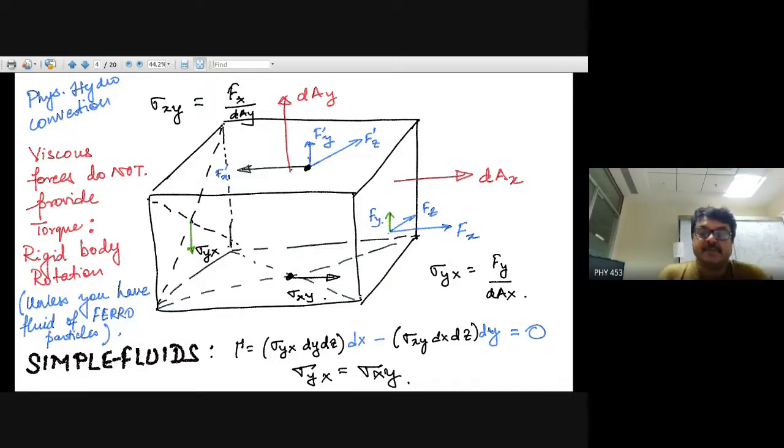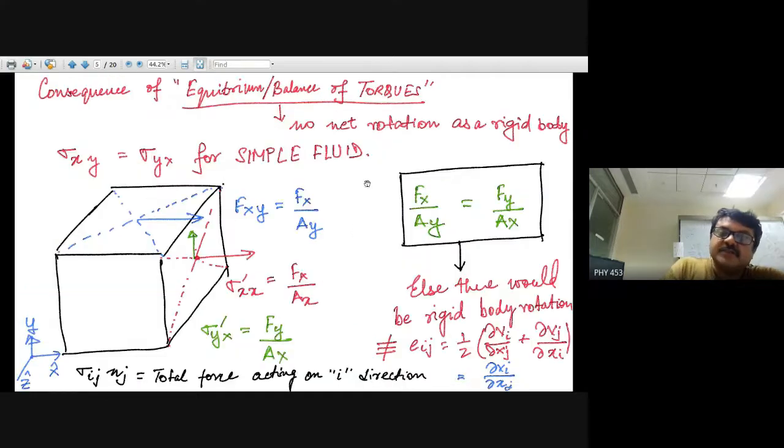Hence, there can be no torque in the system. This is often explained in the books using the terms equilibrium of torques, net angular momentum conservation, balance of torques, so that there is no net rotation as a rigid body, but its physical content is what I said.